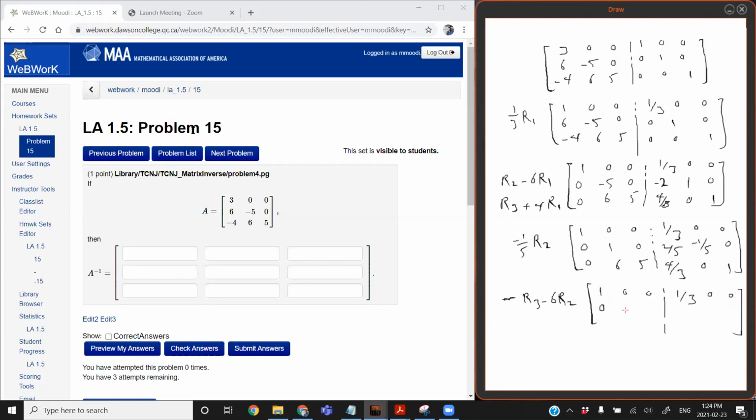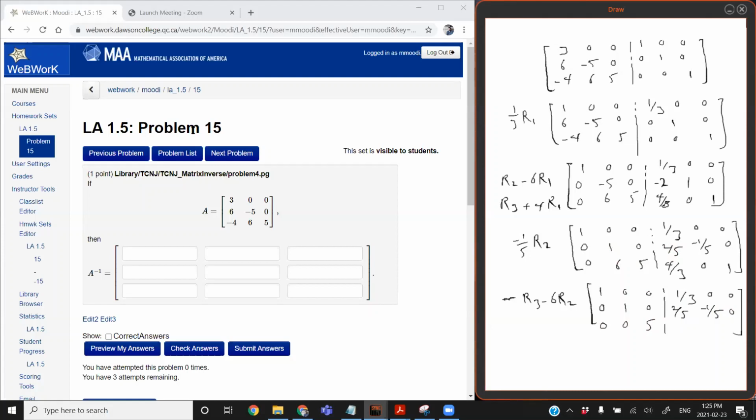The second row also does not change. 2 over 5, negative 1 over 5, 0, 0. Negative 6 times this added to this, 0. Negative 6 times this added to this, 5. Negative 6 times this is negative 12 over 5. So let me just use my calculator for that.